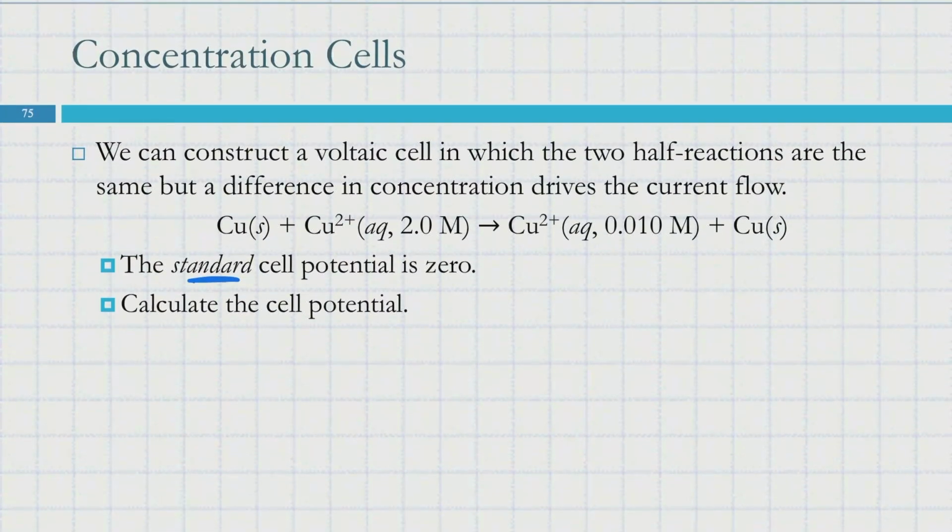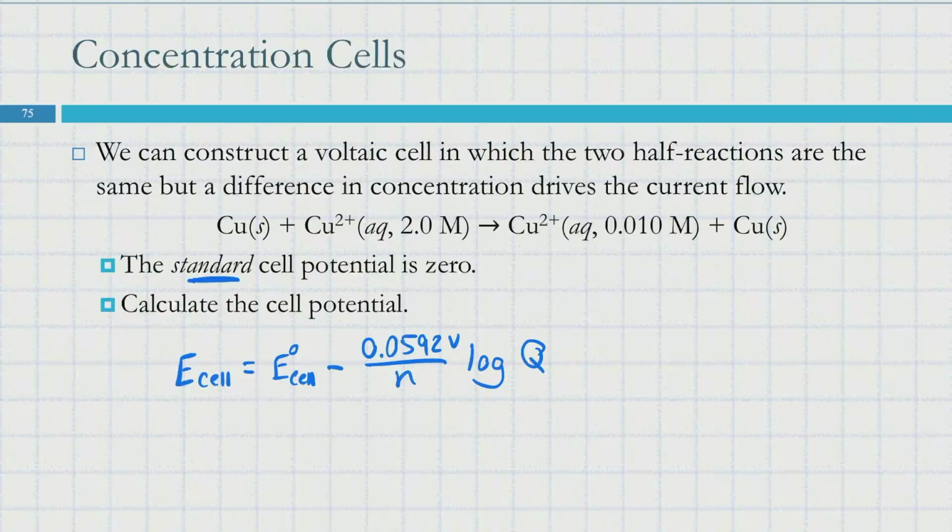But we can calculate the cell potential. So E cell equals standard E cell minus 0.0592 volts over N times log Q. We already know that our standard cell potential is 0. How many electrons are transferred?